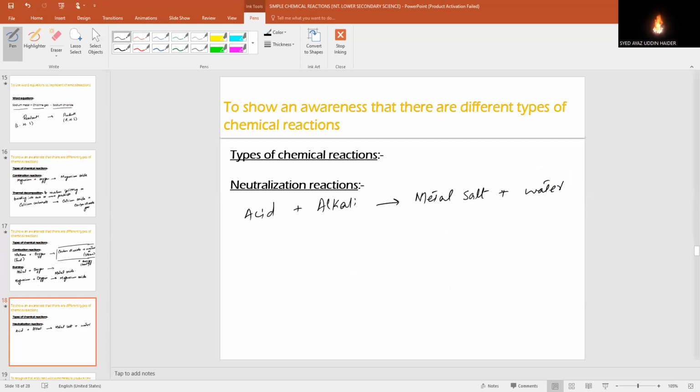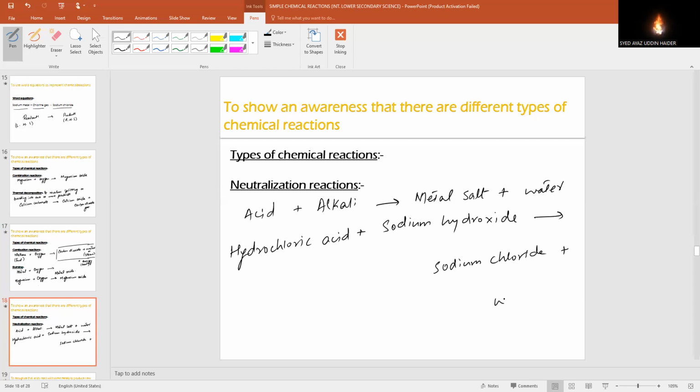For example, if I react an acid like hydrochloric acid with an alkali like sodium hydroxide, the products will be sodium chloride and water. Sodium chloride is the salt here. Salt or metal salt, same meaning.